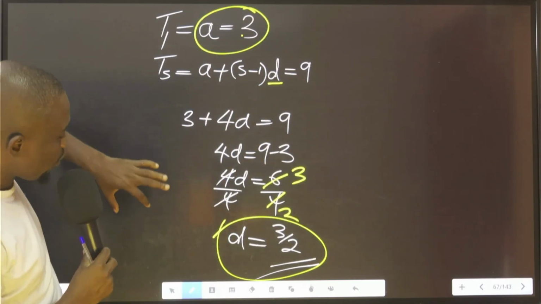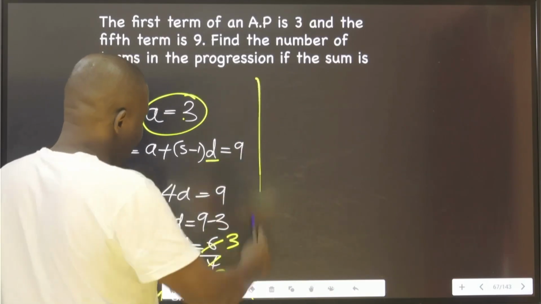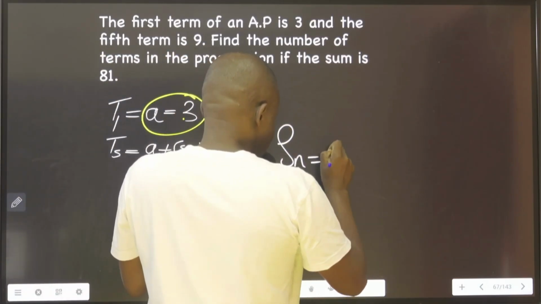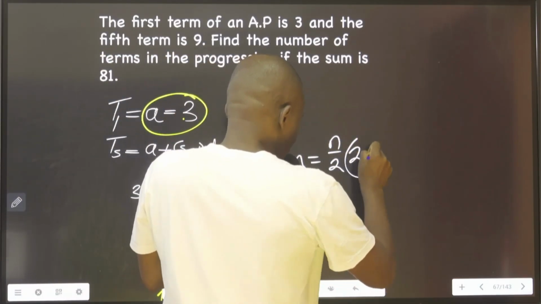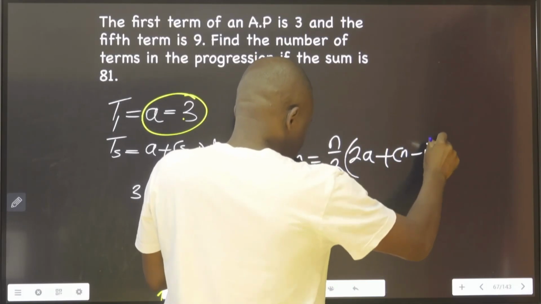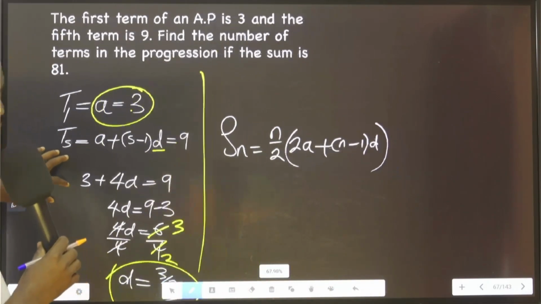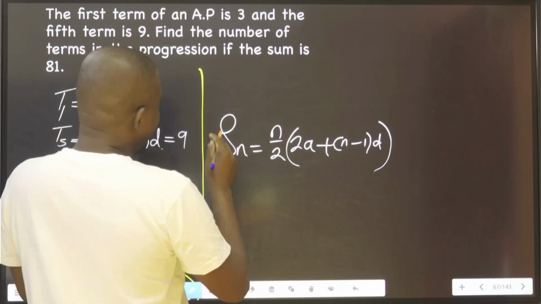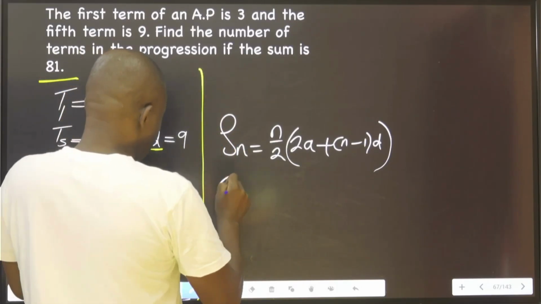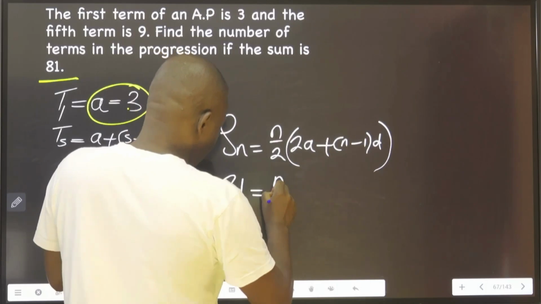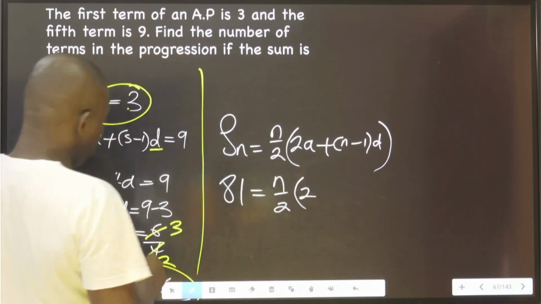Now that we know this, we can now invoke this formula that says n over 2, 2A plus n minus 1, D. Now, we are asked to find n. We know the sum to be 81. We don't know n. We know A to be 3.